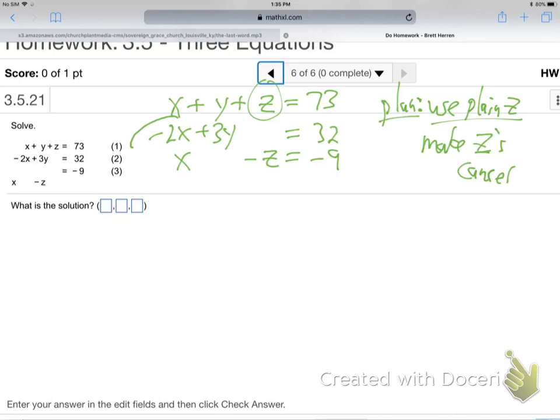You use the plain z to make the z's cancel. Now, there's no z in the middle equation. His z has already gone away. He's good. Don't mess with him. He's already ready for step 2. Just use the first equation with the bottom equation. Just use equation 1 with equation 3.